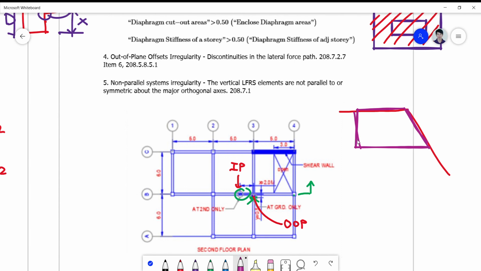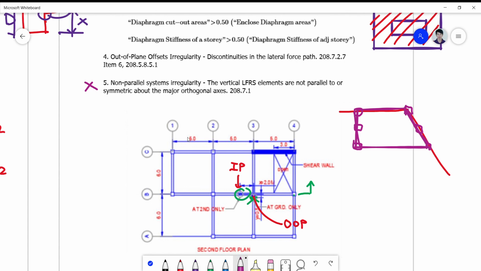Okay, so there are a lot of ways on how to deal with this so that you will not violate this, but I will not explain to you now because this is not a part of the lecture. But in case you want to place your columns here, then you are in trouble. You place your columns here in a non-parallel manner compared to these columns here. Then these are actually again a violation of your plan irregularity.